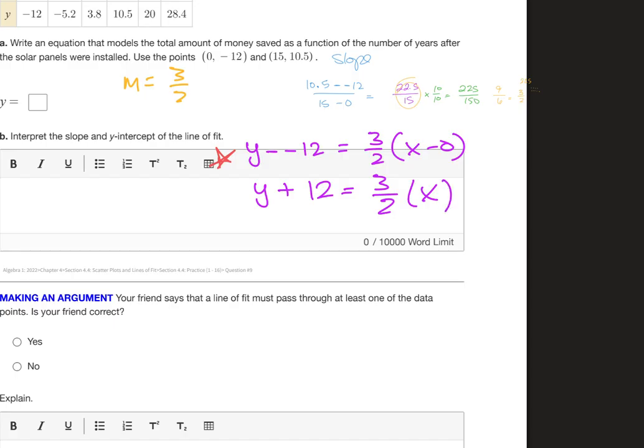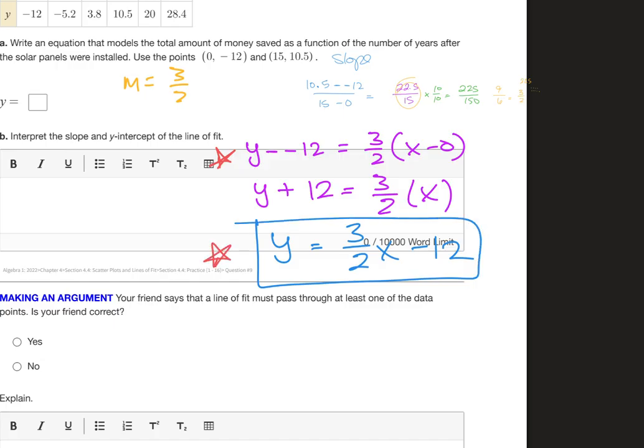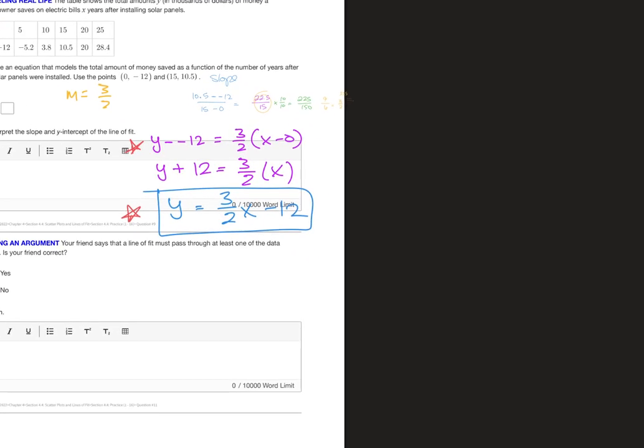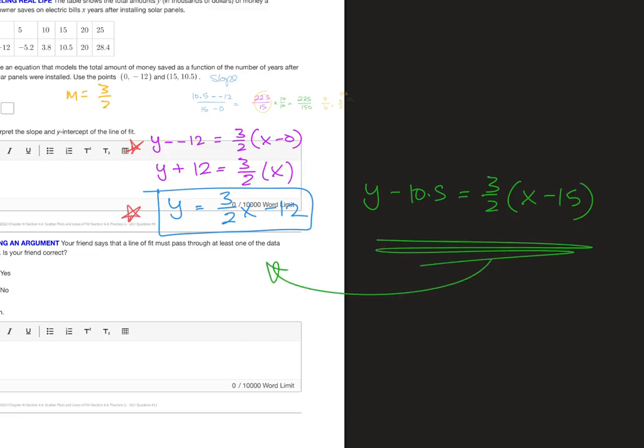If you're going to do this one, which I'd recommend because it has the 0, maybe just keep going and subtract 12 to get this. So now I give you my second acceptable answer. And my third acceptable answer is y minus 10.5 equals 3 over 2 times x minus 15. So here are your three acceptable answers with stars next to them, okay?